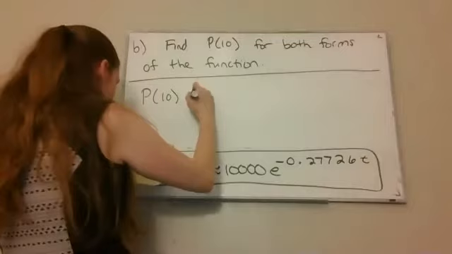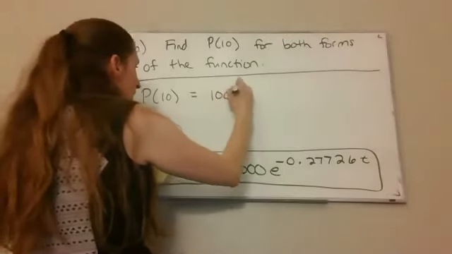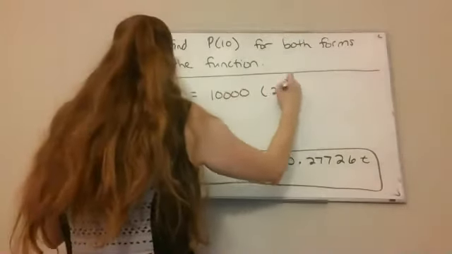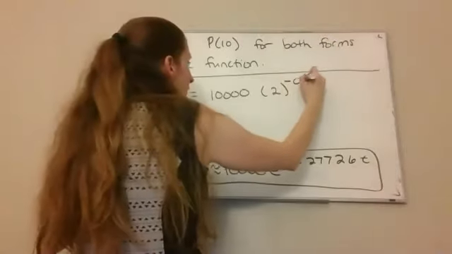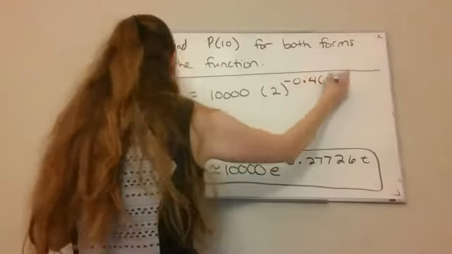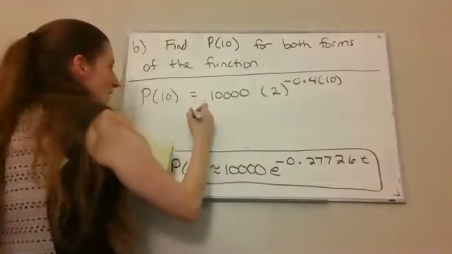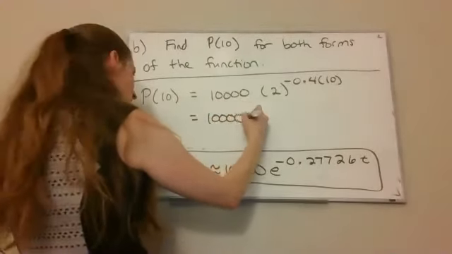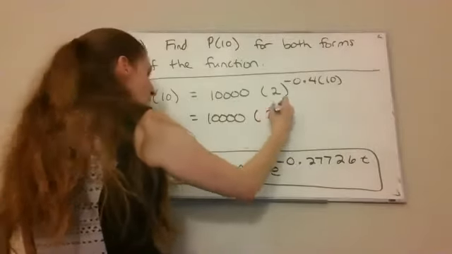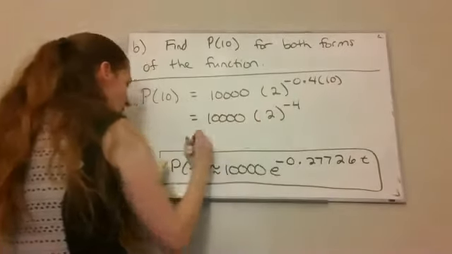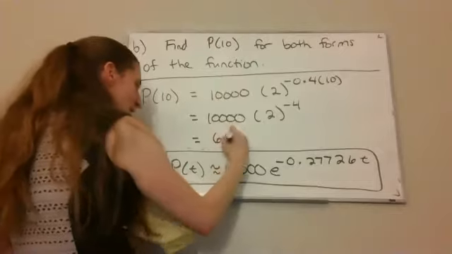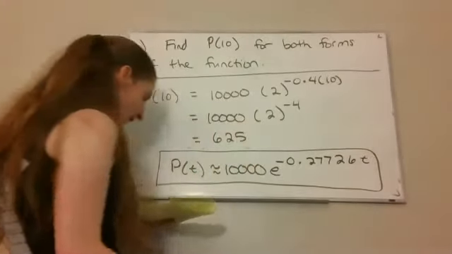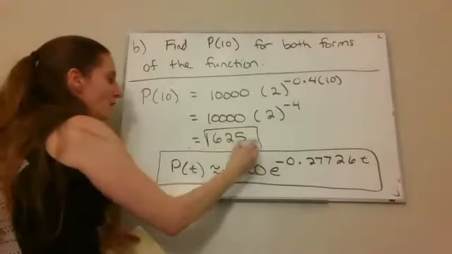P of 10 is equal to 10,000 times 2 to the negative 0.4 times 10. That's equal to 10,000 times 2 to the negative 4 power. And when I type that into my calculator, I get 625.